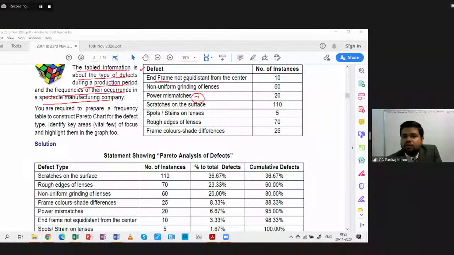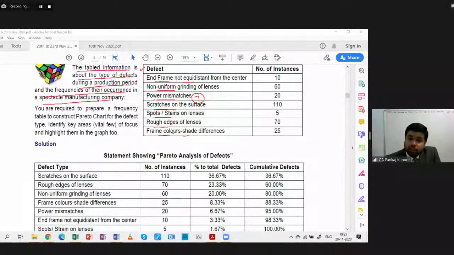End frame is not equidistant, non-uniform grinding, power mismatch. It means one glass is of one number and another glass is of another number. Scratches on the surface, spots or stains on the lenses, rough edges of the lenses, and the frame color or shade is different from the color ordered by the customer or which is supposed to be manufactured.